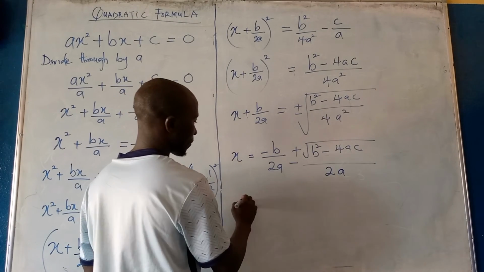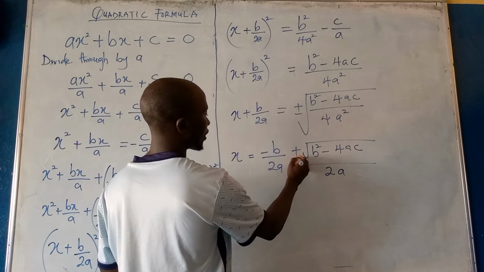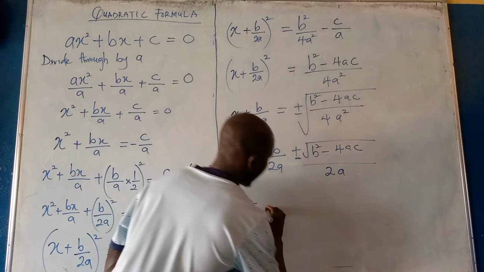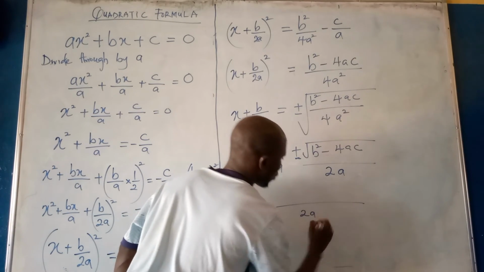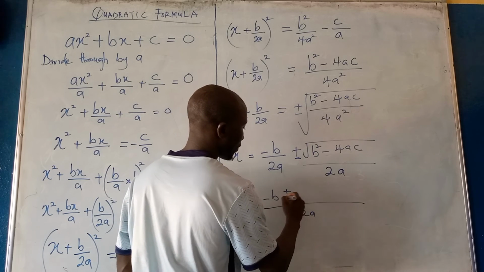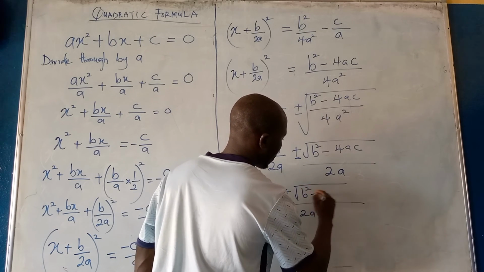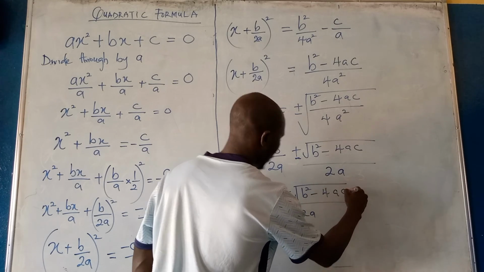Now here we have x equals, taking the LCM, which is 2a, minus b plus or minus the square root of b squared minus 4ac.